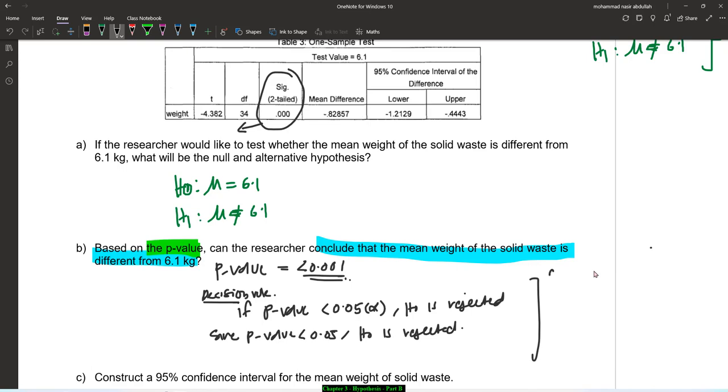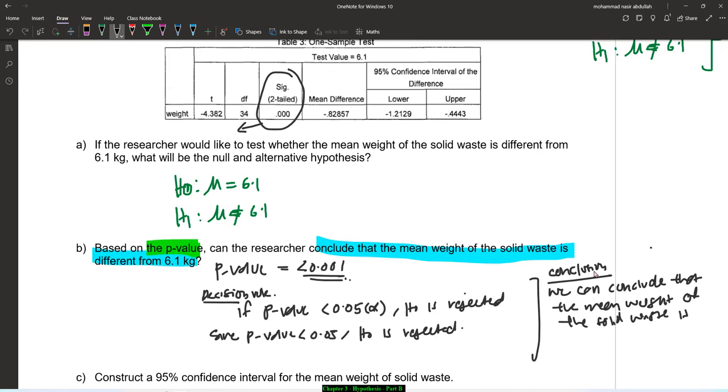So we can conclude that the mean weight of the solid waste is not equal to 6.1 kilo. Right?